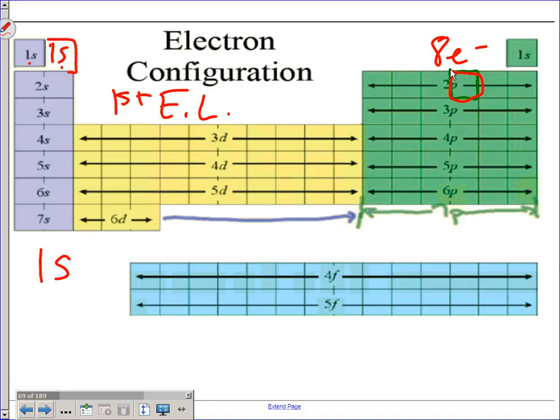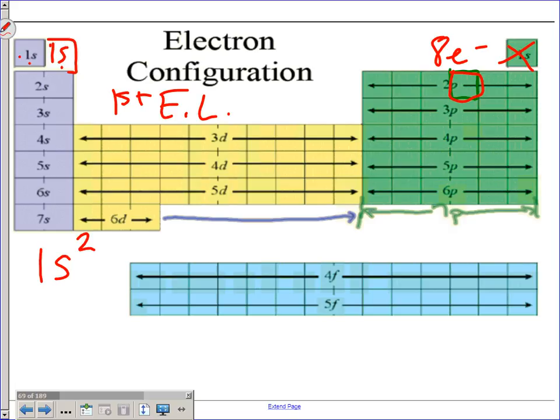I'm adding to the atomic number, hence I'm adding a proton, hence I'm adding an electron. That's why I'm counting 1, 2. Have I exhausted 1s? Yes, so I have 1s2. That exponent there means I have 2 electrons in the first energy level in the s orbital. First energy level, s orbital.